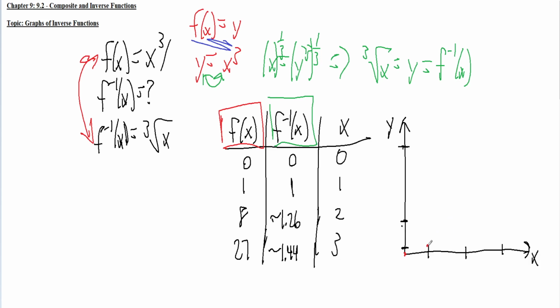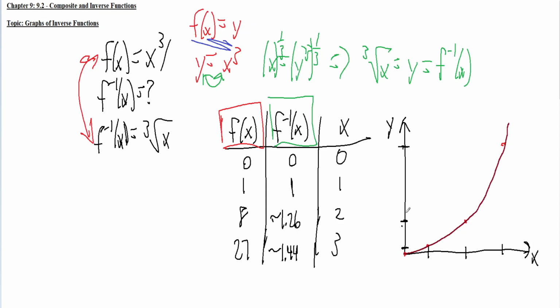So you have to remember it's a cube function, so it's going to get large very, very quickly. Then we have 1, 1, and then we have 2, 8, and then we have 3, 27. So then I just have to connect the dots here. It's a little off. I always hate when that happens. There, that's better.